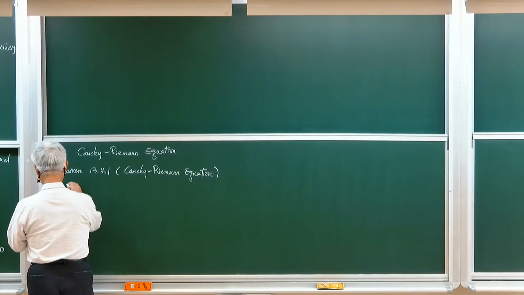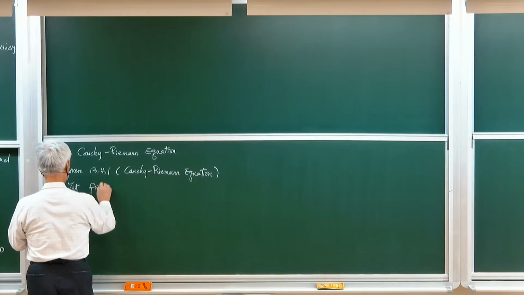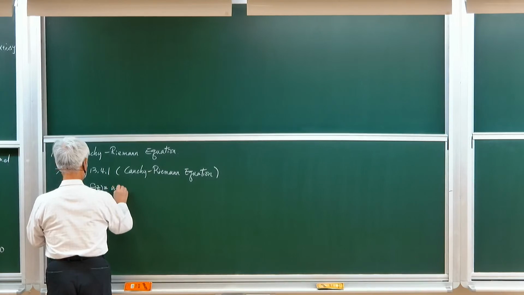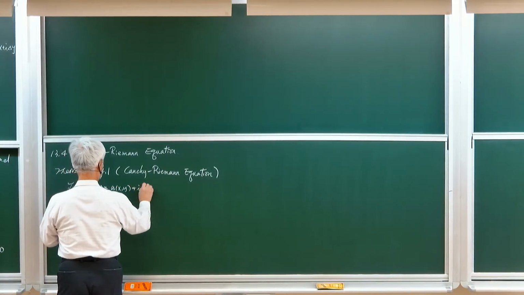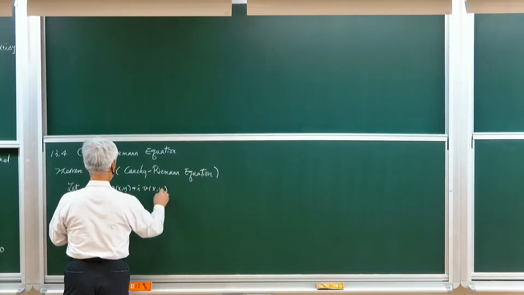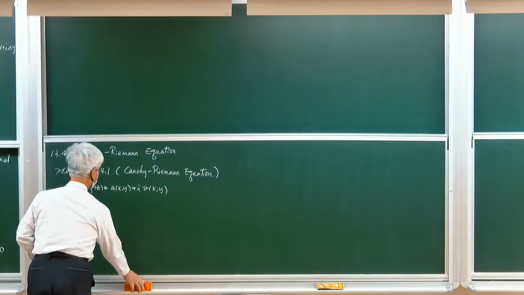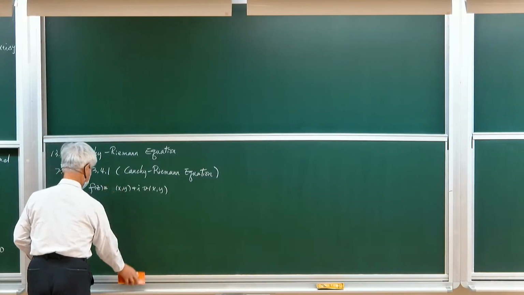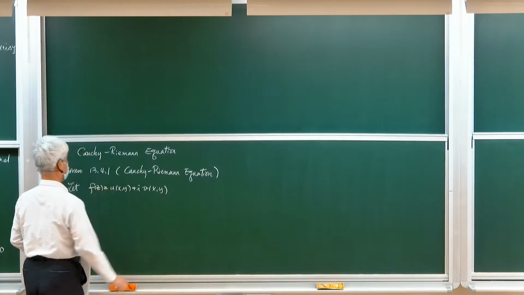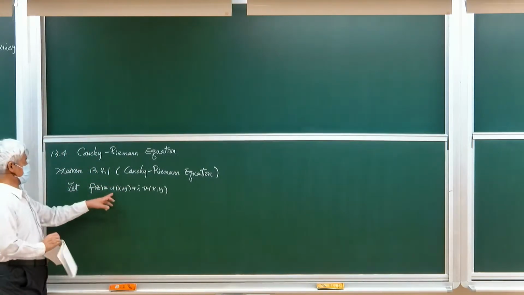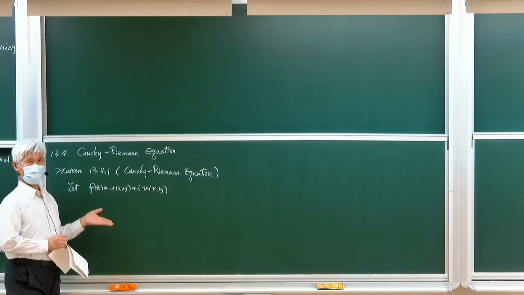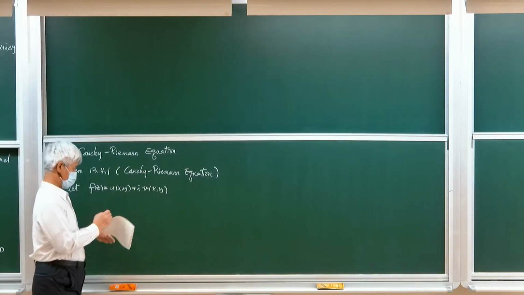So let f be a complex function, with u of x y its real part, and v of x y its imaginary part.